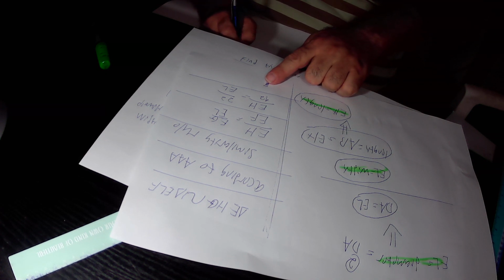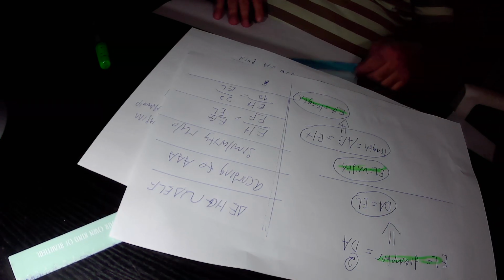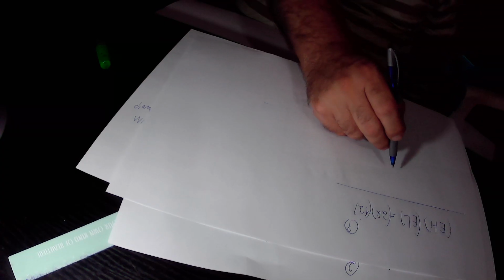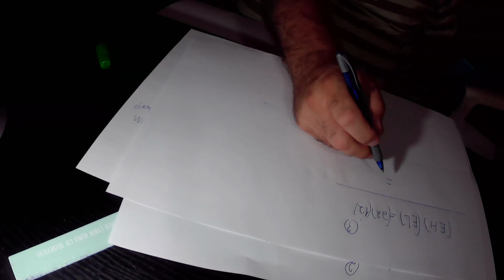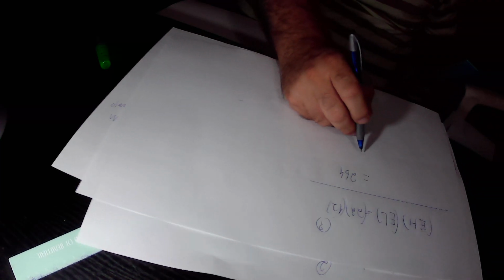Again, EH times EL equals 22 times 12. 22 times 12 is 264, and it is equal to EH times EL.